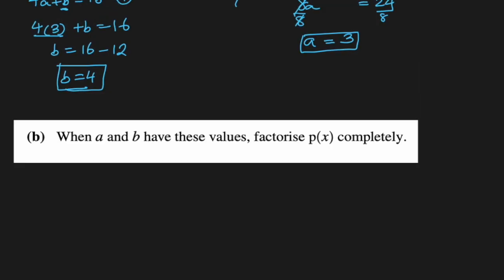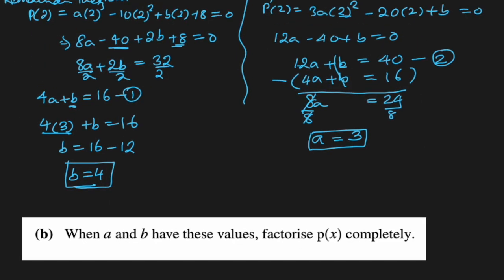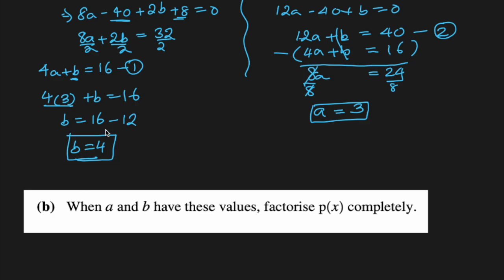So what was the equation? It was ax cube minus 10x square. Let me write here. a is 3 now. 3x cube minus 10x square plus bx plus 8. That was the polynomial, right?